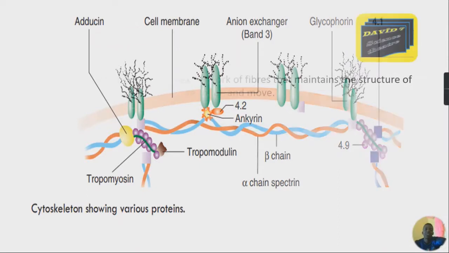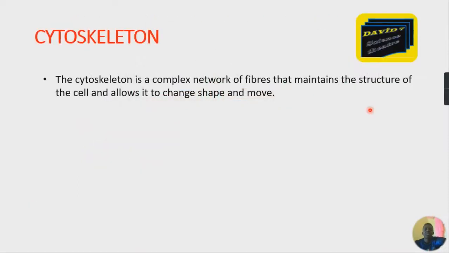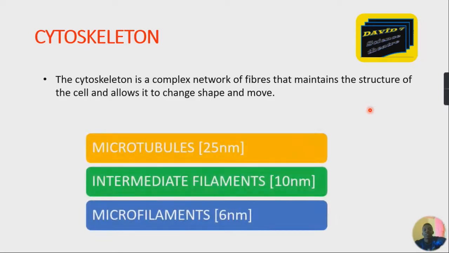All right, let's continue. The cytoskeleton is a complex network of fibers that maintains the structure of the cell and allows it to change shape and move. In some cells which are capable of moving, the cytoskeleton plays an important role. Changing of shape is also performed by the cytoskeleton components.